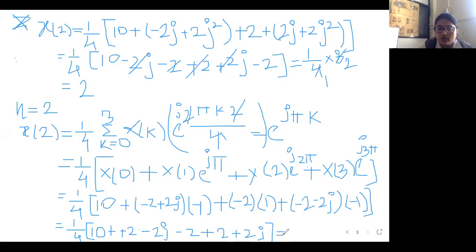Now we'll further solve this equation. The minus 2j and plus 2j imaginary parts cancel each other, and then in the real part this minus 2 and this plus 2 will cancel. This 10 plus 2 will be 12. So the output is 1/4 multiplied by 12.